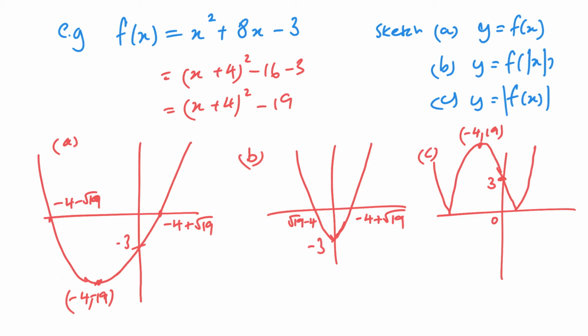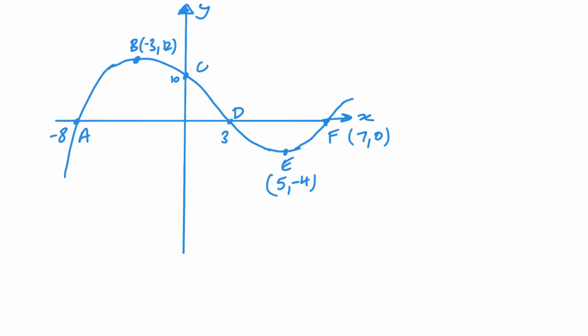I'll look at one more question, and this is the one I wanted to look at. Often in the exam they'll give you a question where they won't give you what the function is. They'll just tell you that this is y equals f of x, for example, or g of x, or h of x, and they'll give you sets of coordinates on it.